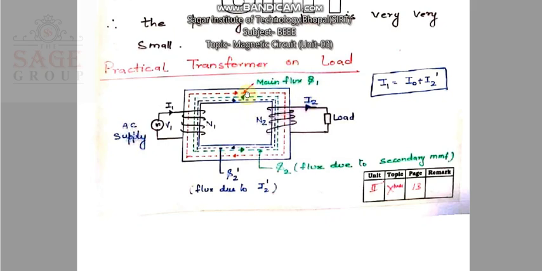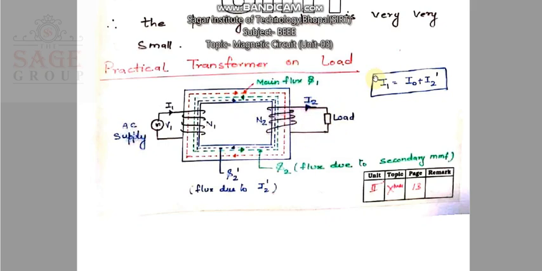Now this phi 1 links with the secondary winding coil due to the mutual induction principle, and as this winding has a closed path connected with a load, due to mutual induction a flux phi is produced in the secondary winding, and due to this phi an EMF is induced in the secondary terminal, and due to that EMF a current, that is your I2, starts flowing in the secondary winding of this transformer.